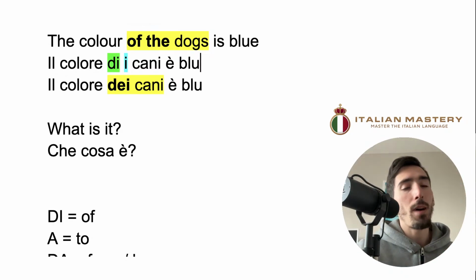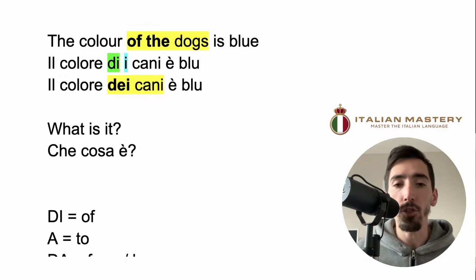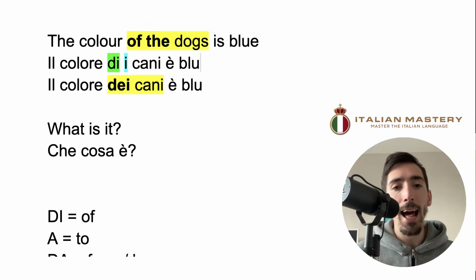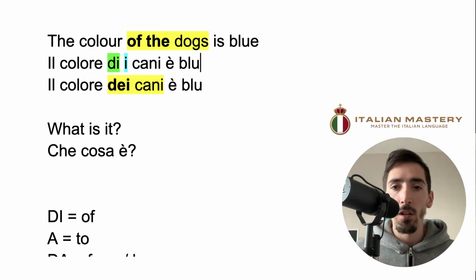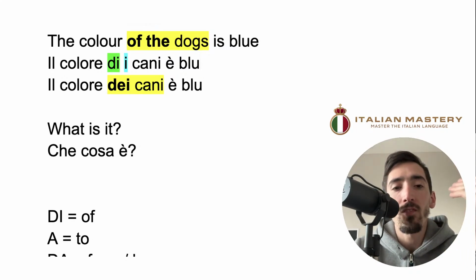Now, you might ask, okay, so I'm going to have to study 100 different combinations of articles and prepositions, and the fact that they can merge together, like every single combination? Kind of. So there aren't many. This is the thing, and this is why so many people get hung up on this.